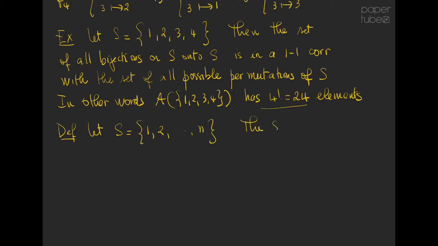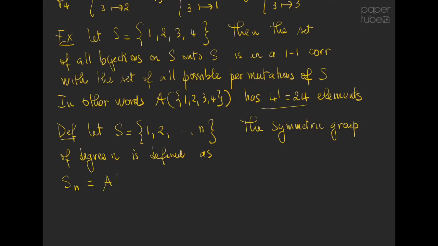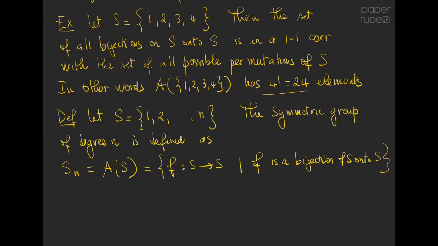Then the symmetric group of degree n is defined, often denoted Sn, or A(S) here, as the set of all functions f taking S onto S such that f is a bijection of S onto S. For instance, we saw earlier that S3 has 6 elements, and S4 has 24 elements.